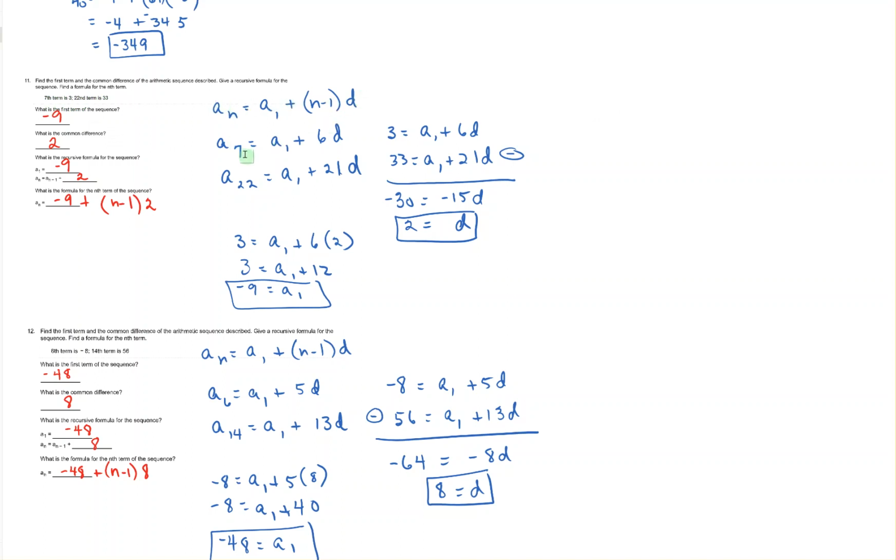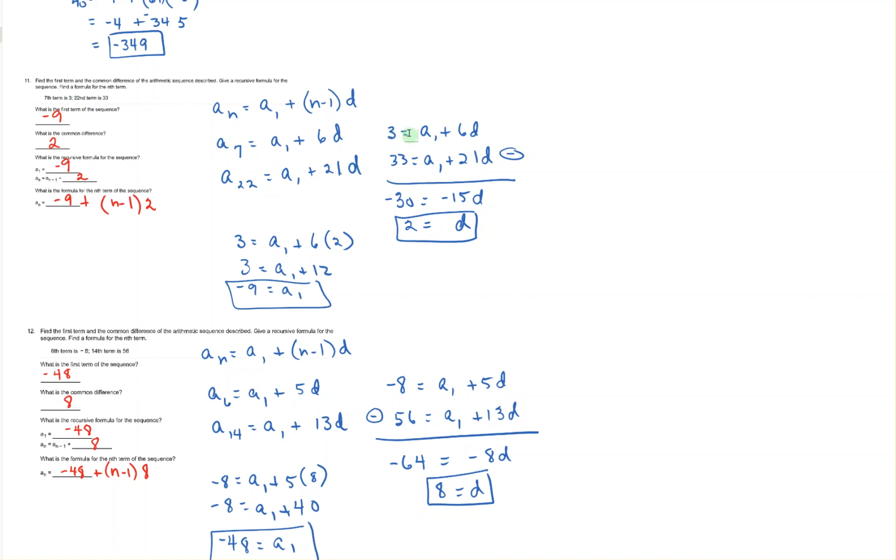So a sub 7 is a sub 1 plus 6 times d. That's all we know because it's 1 away. And then a sub 22 is a sub 1 plus 21d. Now we're going to write those equations over here, but we fill in for a sub 7. We know it's 3, and we know a sub 22 is 33.